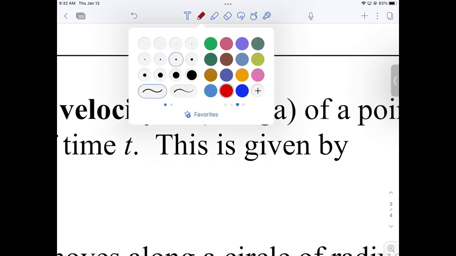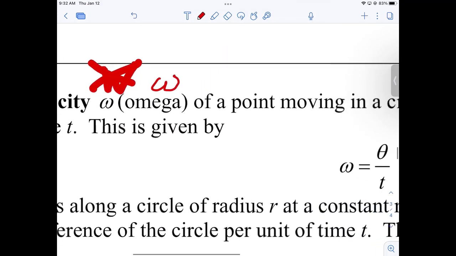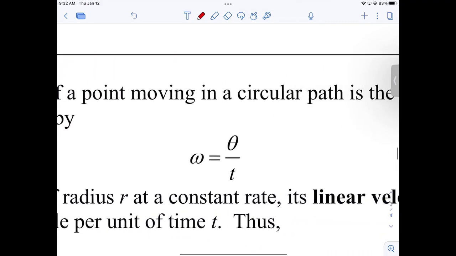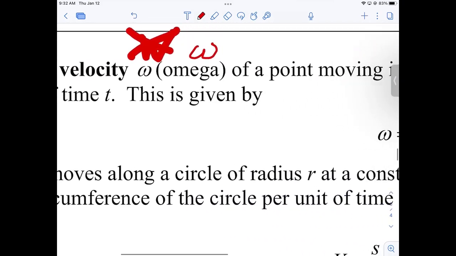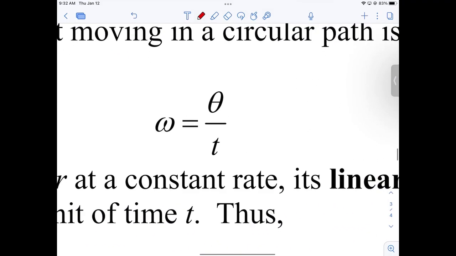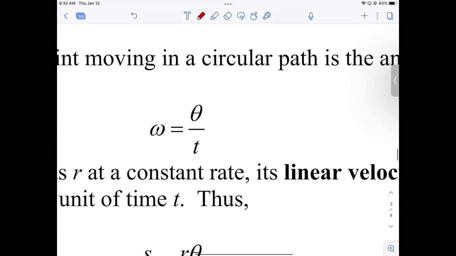Okay, so it has little curly Q's on the end. Looks more like this. Omega. The angular velocity of a point moving in a circular path is given per unit of time by this. Omega is theta over time. So it's the angle divided by time.